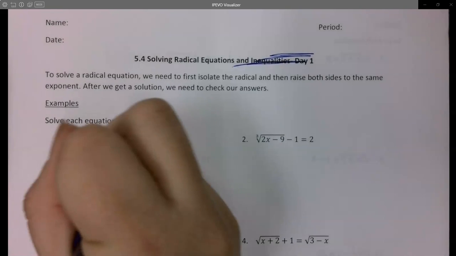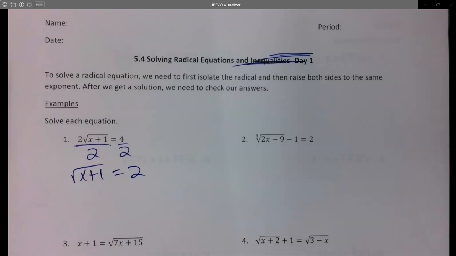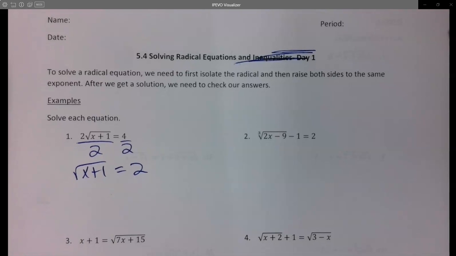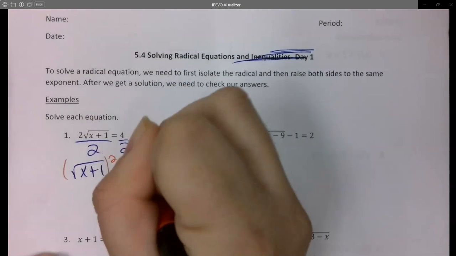That will give me the square root of x plus 1 equals 2. Then what I want to do next is get rid of this radical. So I want to square both sides.